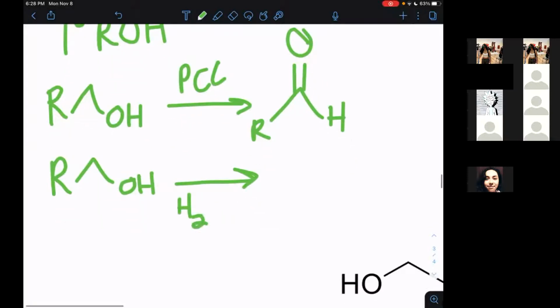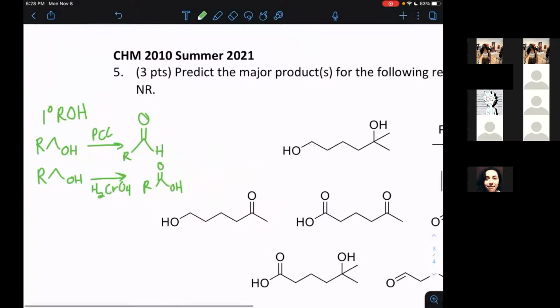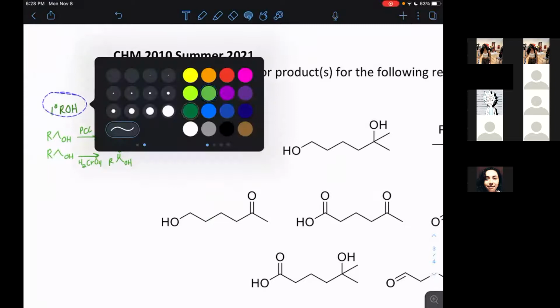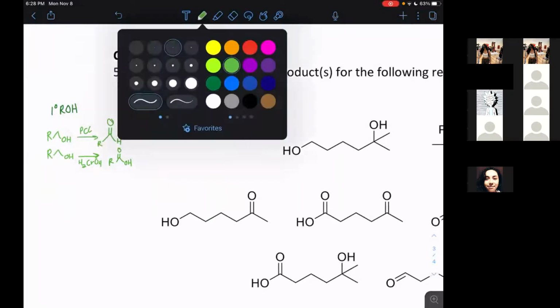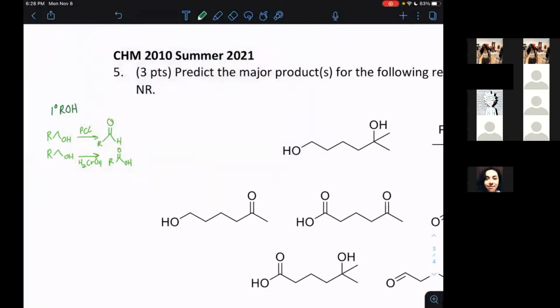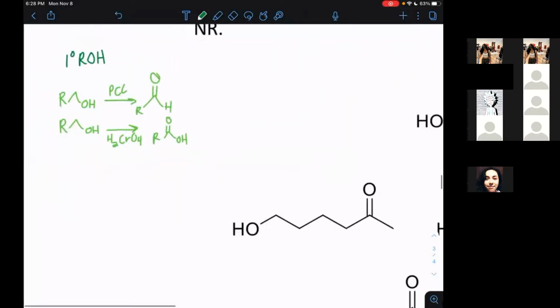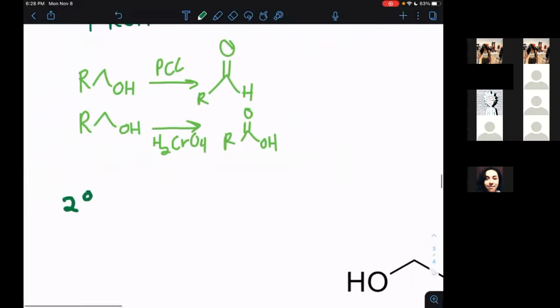Which number are we on? Number 5? Yeah. And it only works... The alcohol reactions with PCC and chromate only work with 1 and 2 degree alcohols.